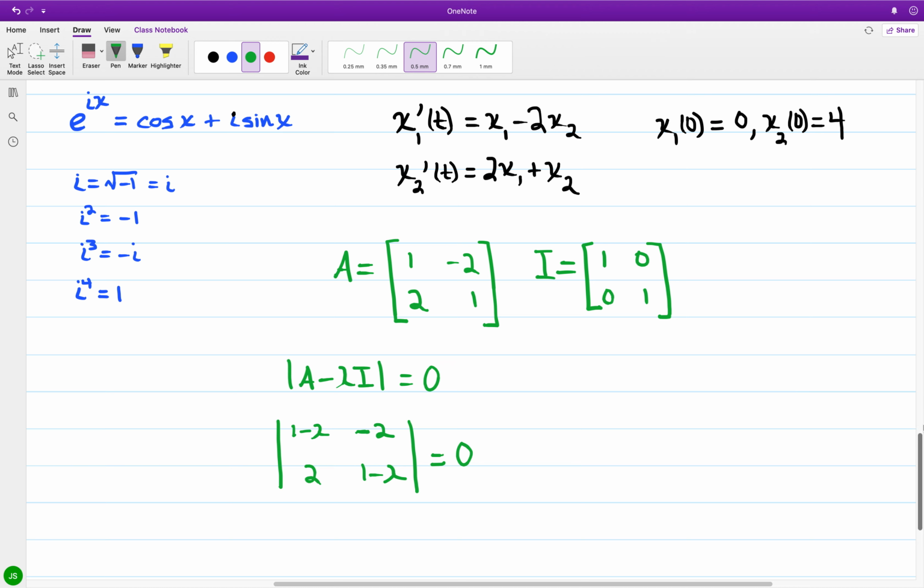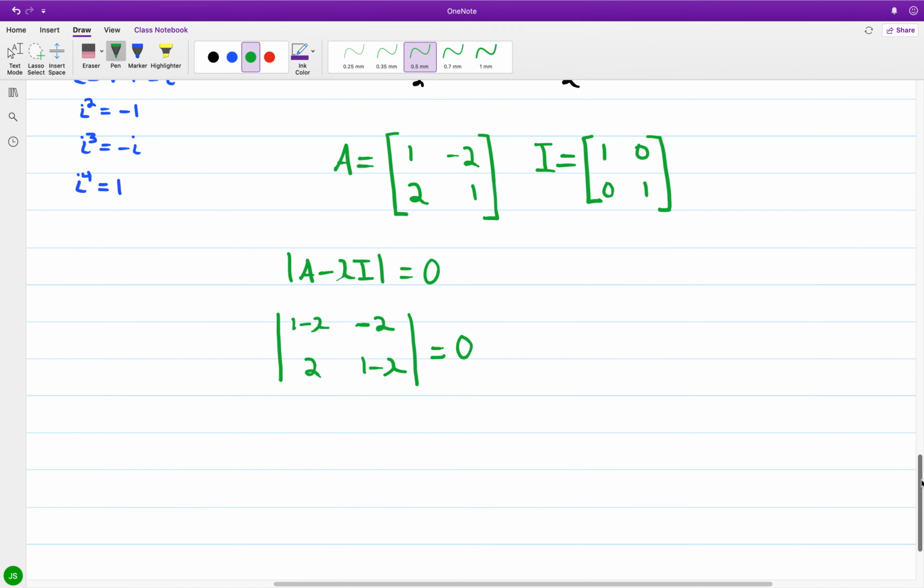So we have 1 minus lambda times 1 minus lambda, and minus the product of 2 and -2. Once we multiply out and combine like terms, we have lambda squared minus 2 lambda plus 5 is equal to 0.